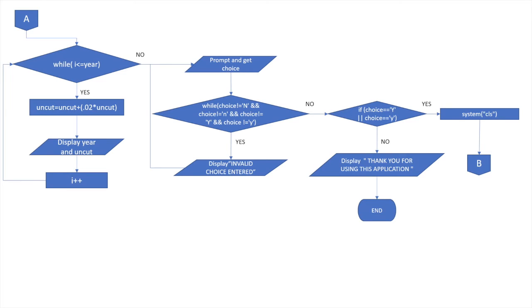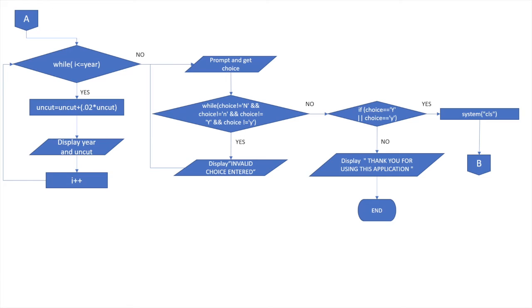And then after this process is ended, where the I value is greater than the year value, it will continue to this place where it will ask the user to enter whether the user wants to continue the process or not. If the user wants to continue the process, the user needs to input Y, while if the user wants to end the process, the user needs to input N. If the user inputs another character, it will display invalid choice entered, and then it will continue to ask for a new choice.